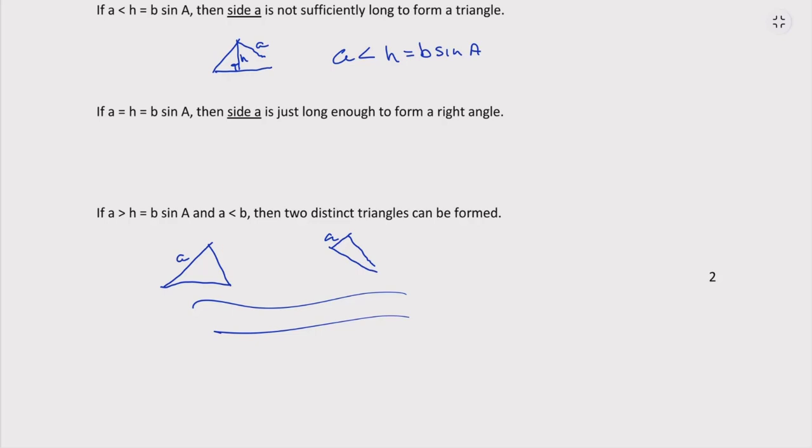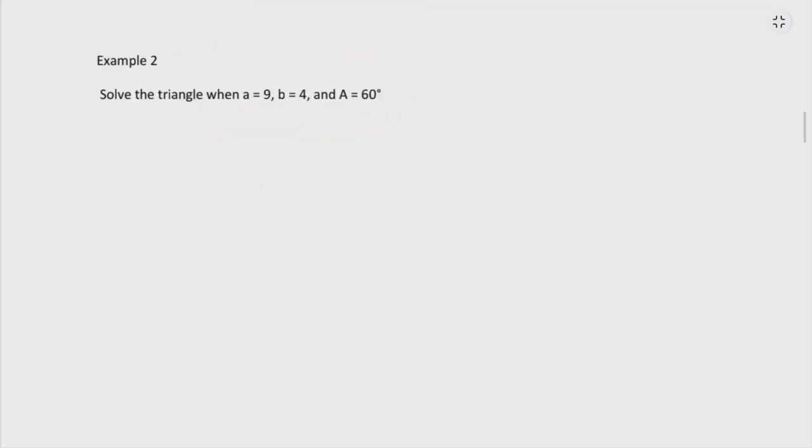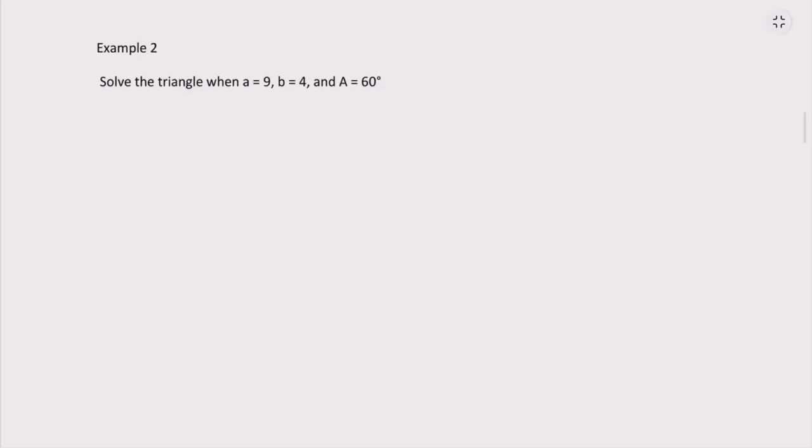All right, so let's take a look at example 2. Solve the triangle when a equals 9, b equals 4, and angle A is equal to 60. You should always draw a picture if one isn't provided, just so you know where everything is.